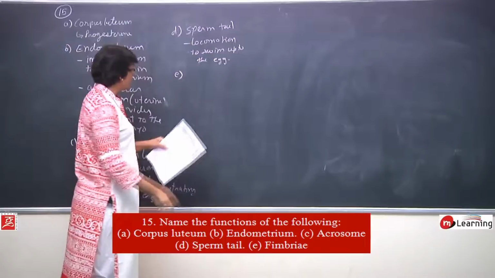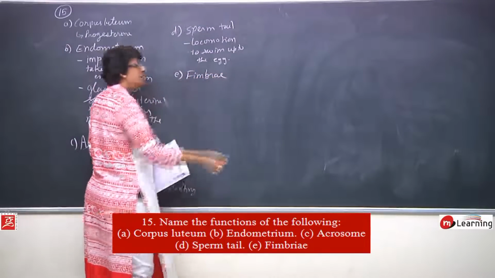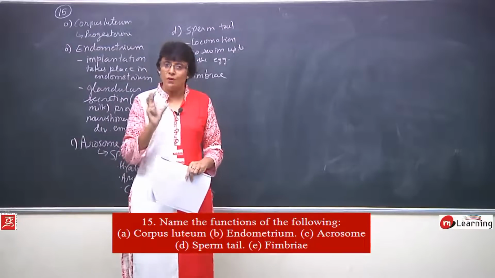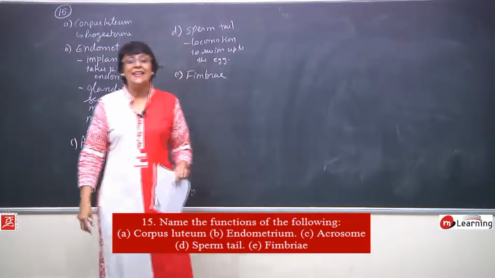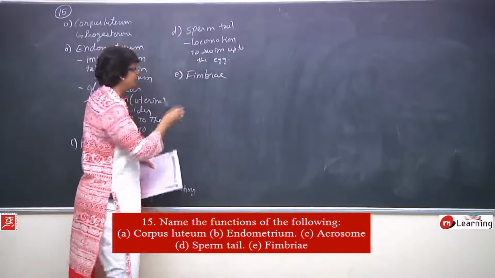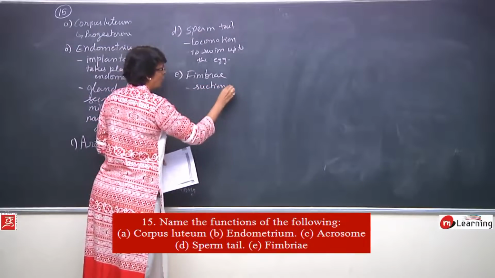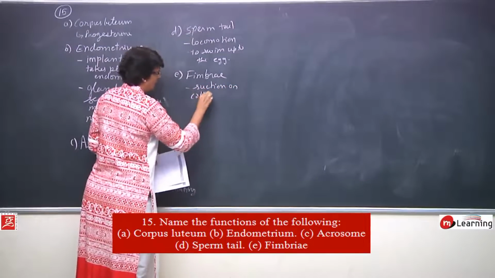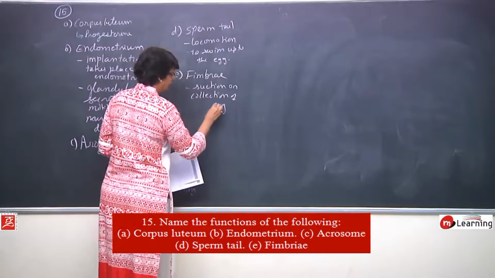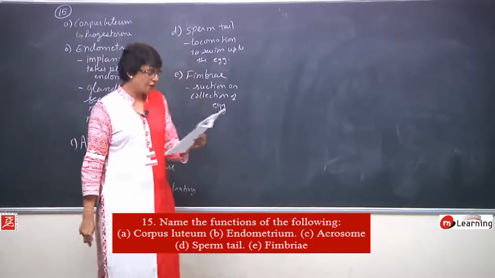Next structure, fimbriae. Fimbriae are those finger-like structures which are found at the opening of fallopian tube in the infundibulum region. They create a whirlpool by which the egg gets sucked in. So they help in suction or collection of egg or ovum. So these 5 things and their functions.